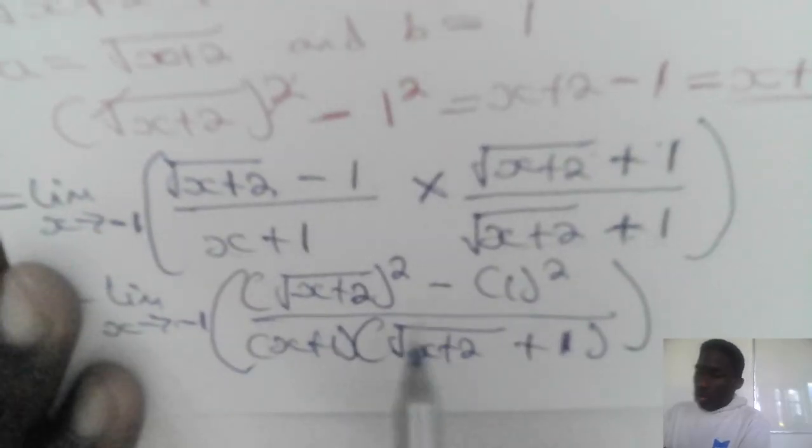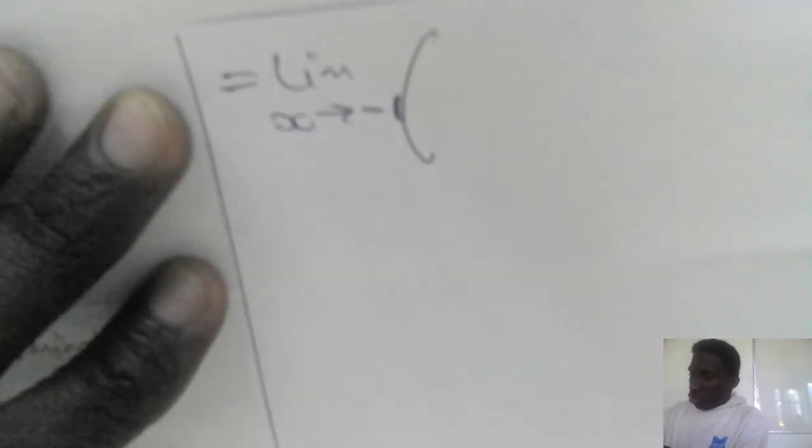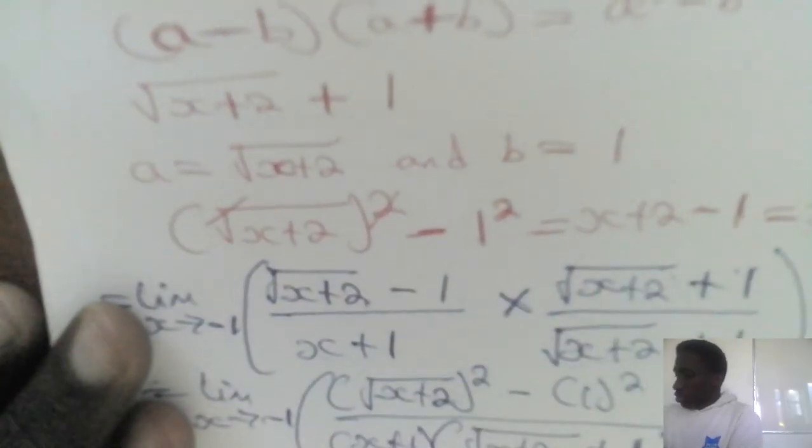We're actually going to simplify. We're not going to touch this because something is actually going to cancel out. So moving further, this results in the limit as x approaches minus 1 of, so as usual, the square here is going to knock off the square root.